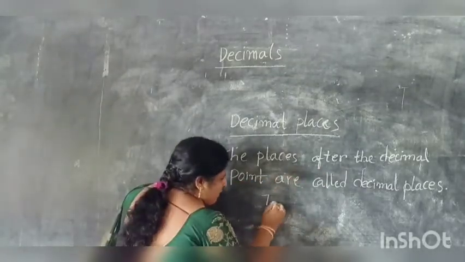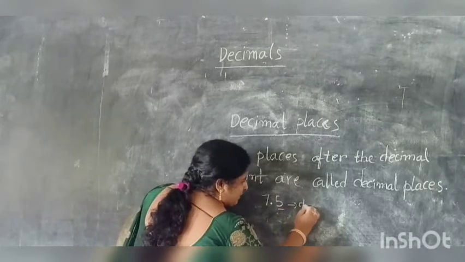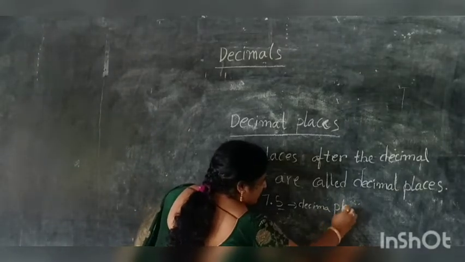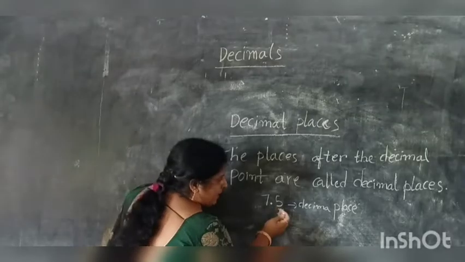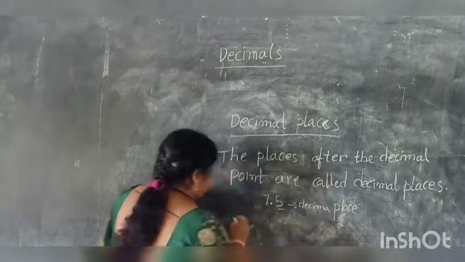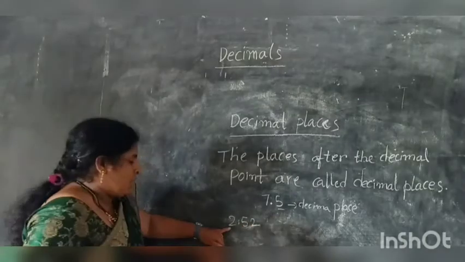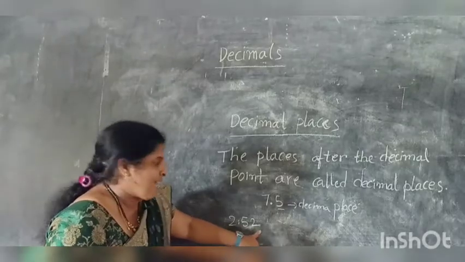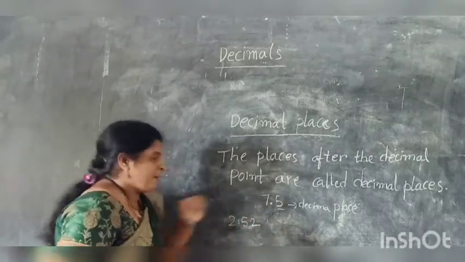Suppose 7.5, this is the decimal place. For 2.52, the number 2.52 has how many decimal places? 2 decimal places.